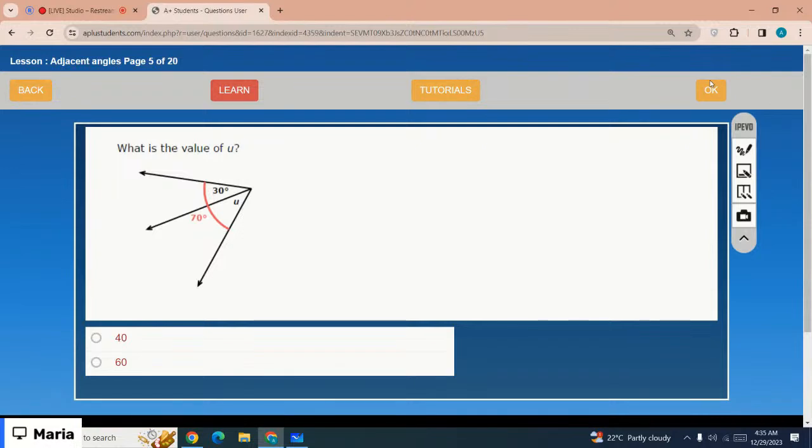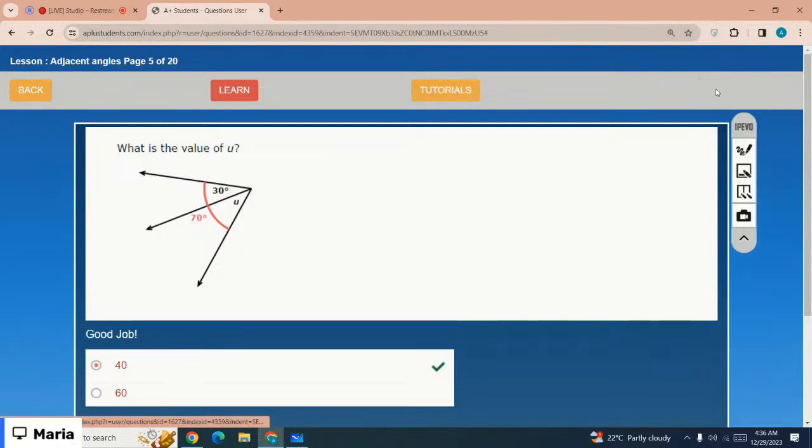What is the value of U, which is the correct option? Yes, that is 40 degrees. The correct option is 40.